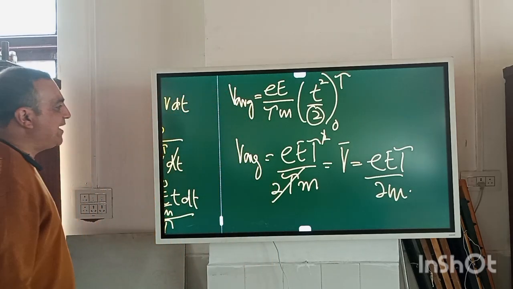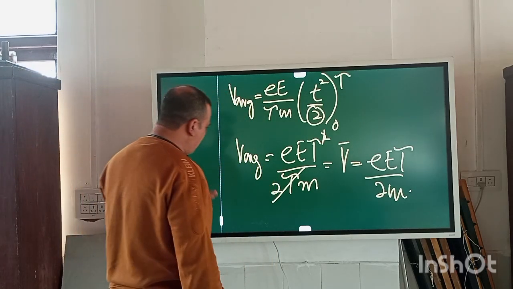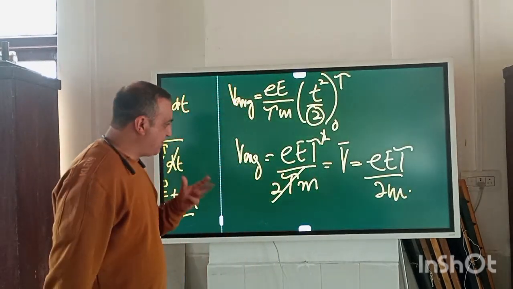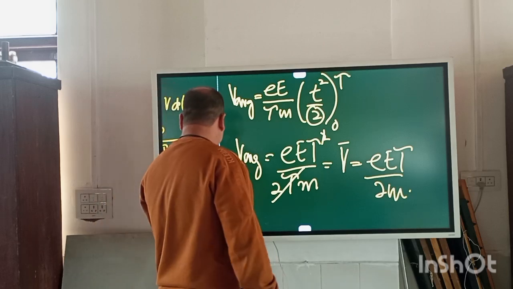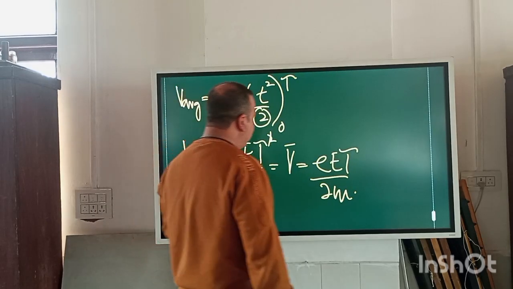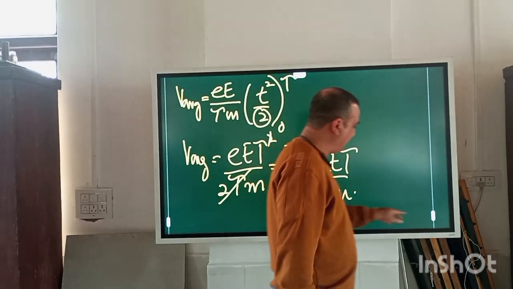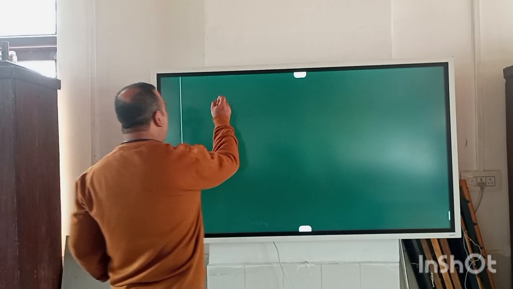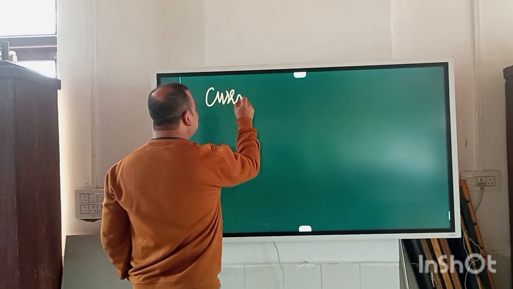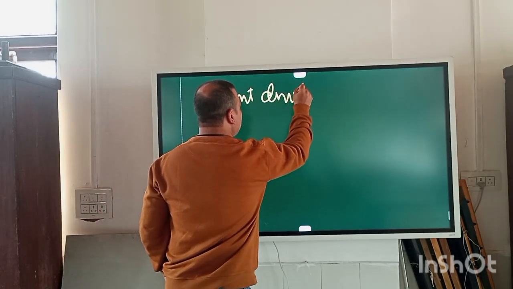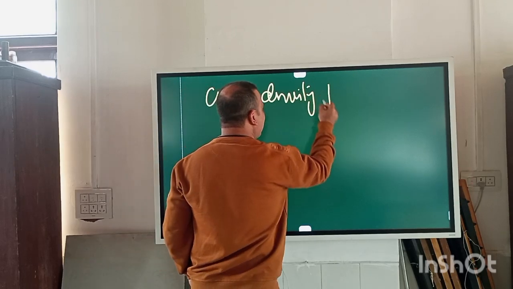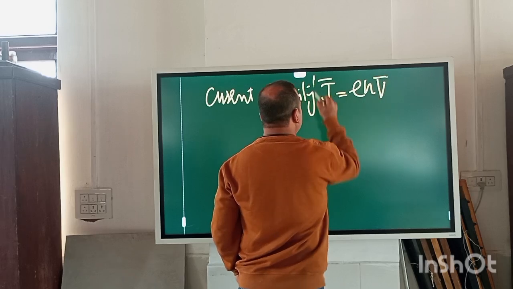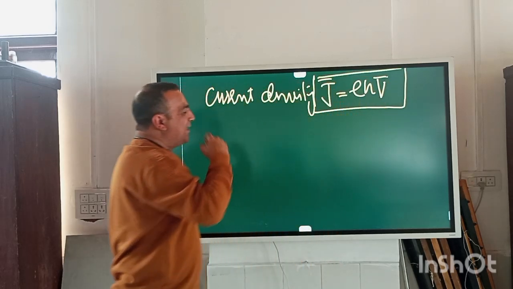So this is my average velocity of an electron living in this metal, when an external potential difference is applied across this metal. Now, from the basics of the kinetic theory of gases, we know that the current density, that's J, is equal to e n v average.